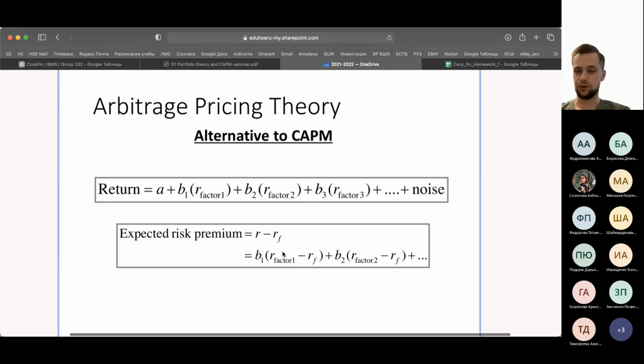Is it clear for now? Because it's maybe quite difficult to understand. So what does this mean? We form some portfolio that is affected only by one risk. No other risks have an effect on this portfolio. And we calculate the return for this portfolio minus the risk-free rate, and we have here the risk premium for investing in such a portfolio which is affected only by one risk.